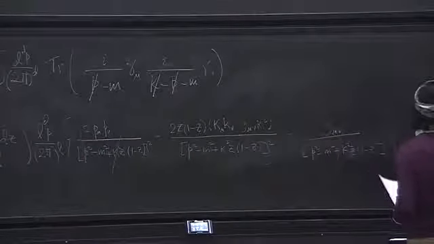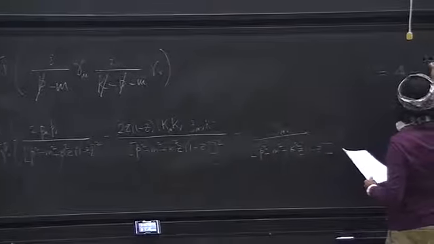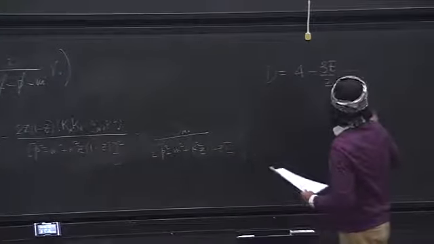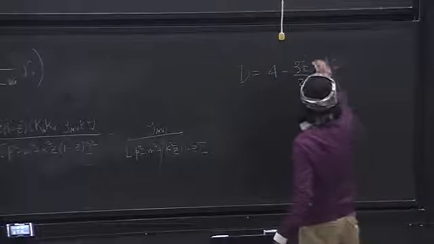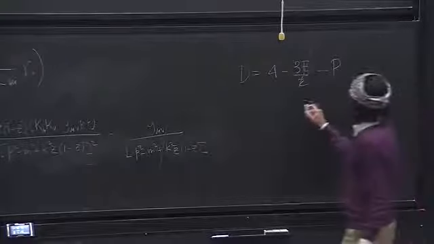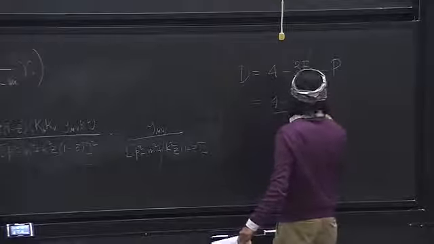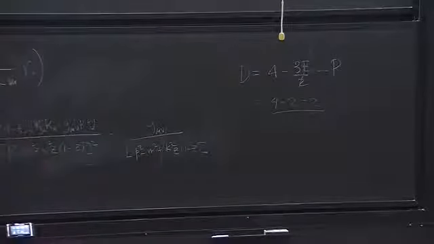But if you had gone to your formula, which was 4 minus 3 over 2 electron minus 1 photon, the external electrons are 0 in this case. There's no external electron. So there are 2 external photons, so this would be 2. So naively, you'd think that it's quadratically divergent, but in reality, it's actually logarithmically divergent.